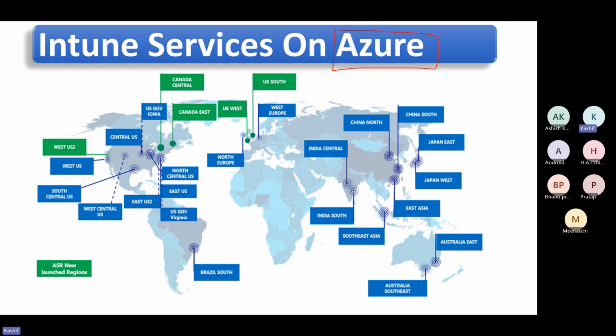And Microsoft gives guarantee that Intune will be up and running 99.9% all the time. That is Microsoft assurance that Intune services will be running 99.9%. Okay, so that's the reason people are taking Intune services from Microsoft.